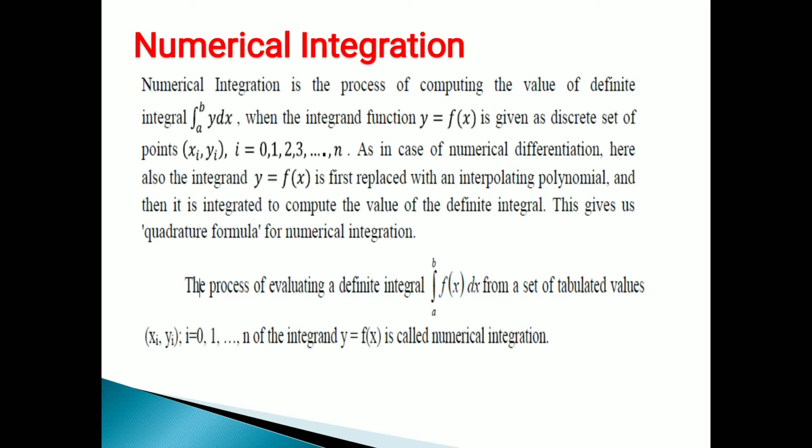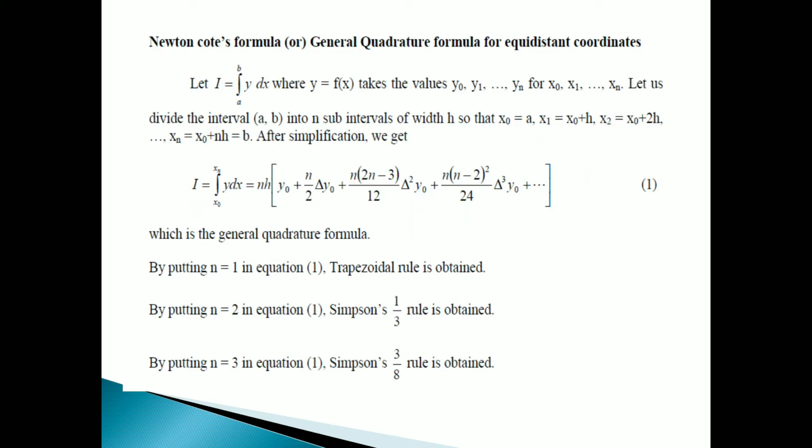there is one basic important formula called Newton's Cotes quadrature formula. Newton's Cotes quadrature formula for equidistant coordinates is given as follows. Let I is equal to integration from a to b y dx, where y is equal to f of x takes the values y0, y1, y2 and so on up to yn for corresponding values of x, that is x0, x1, x2 up to xn.